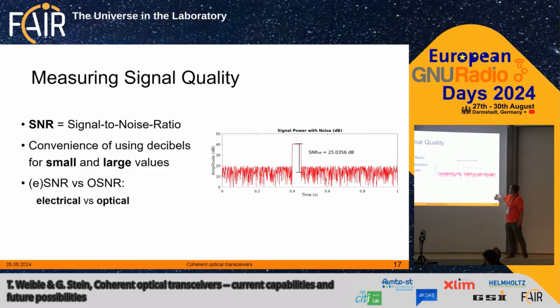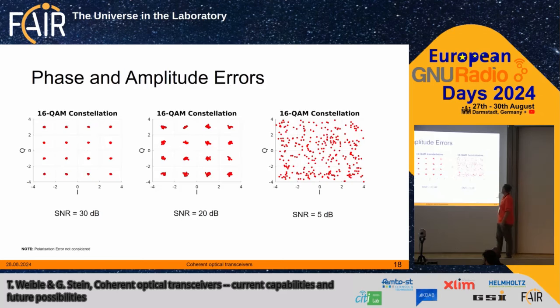But the idea is really with signal to noise ratio, how much useful signal you have compared to the noise, because you always will have noise, right? Then ESNR and OSNR, there's a difference between electrical and optical, obviously. You have an electrical connection to your transceiver. Optical is what goes out, the light.